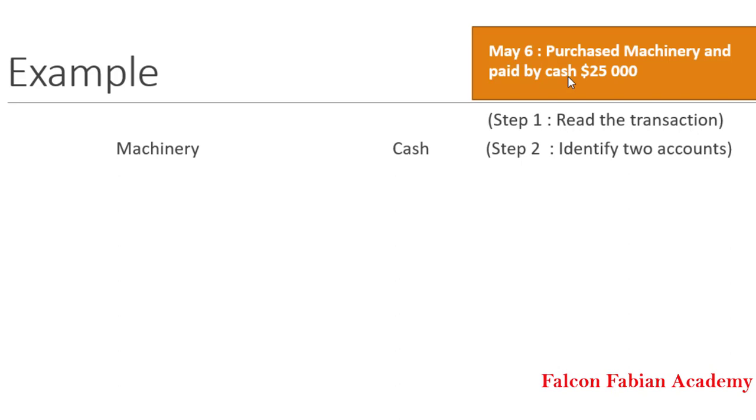Now these accounts belong to which class of accounts? That is what we need to identify. Machinery is an object and cash is also an object, and both of them are tangible. Therefore these are tangible real assets. And what was the rule? That if they are assets, whether they are tangible or intangible, the rule for real account is going to be applied to them.